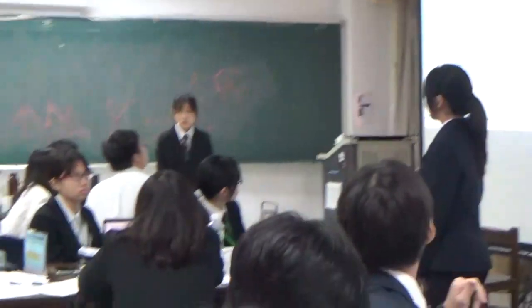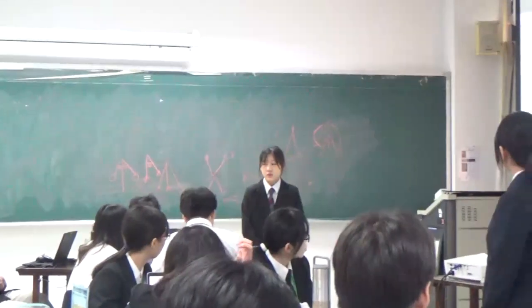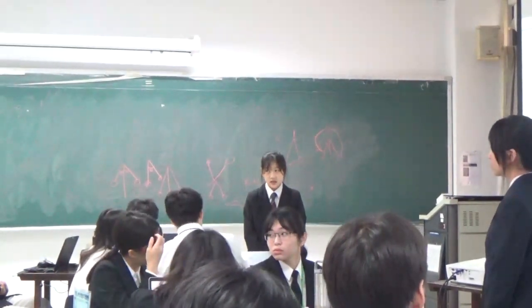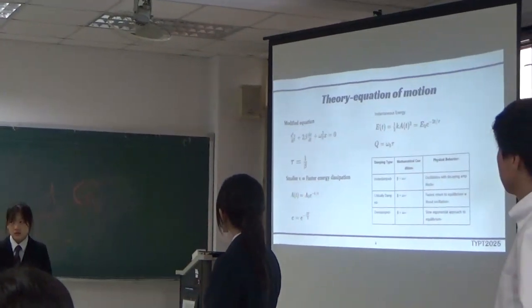So you're using your modified equation. Can you show me where the external force is in your equation? It will generate the resonance behavior. So how can you prove the resonance in your equation?